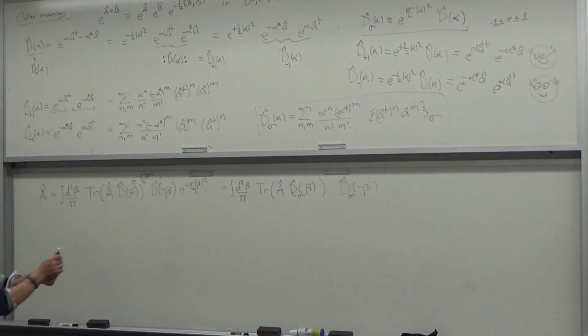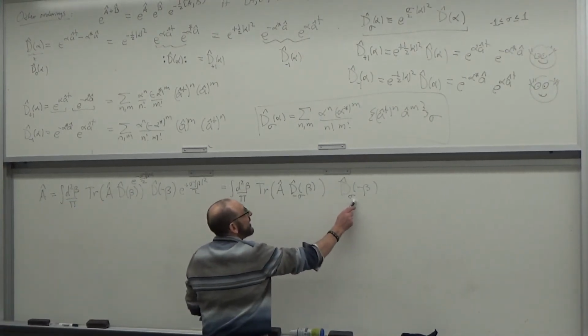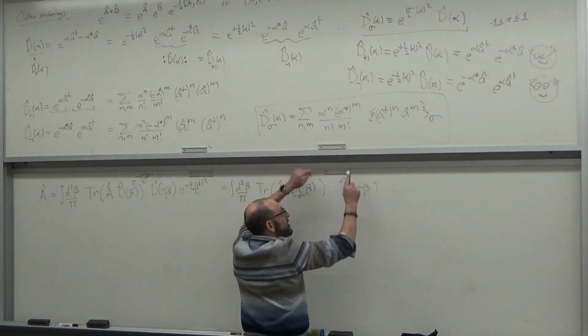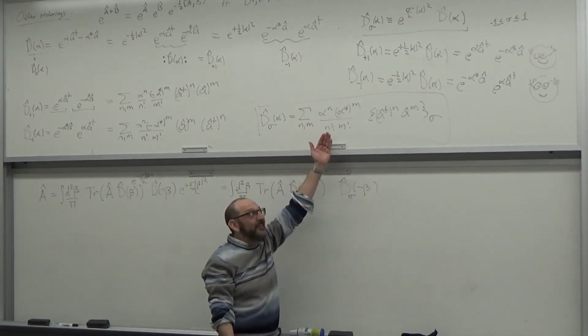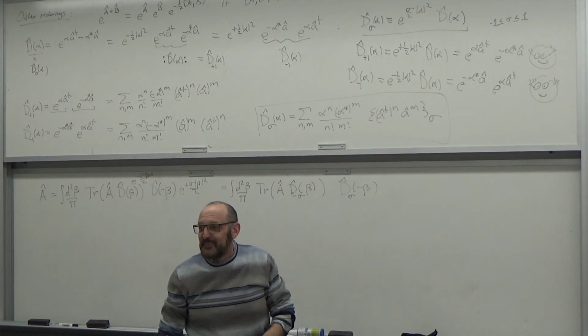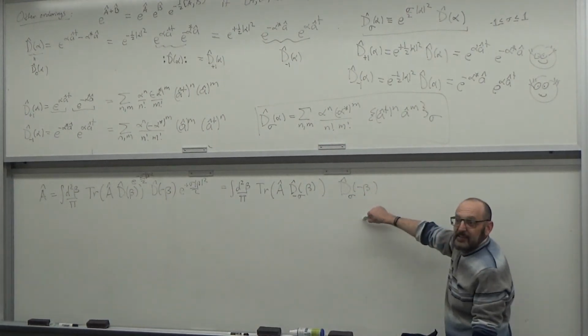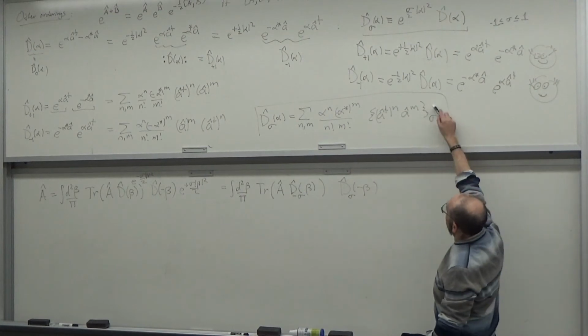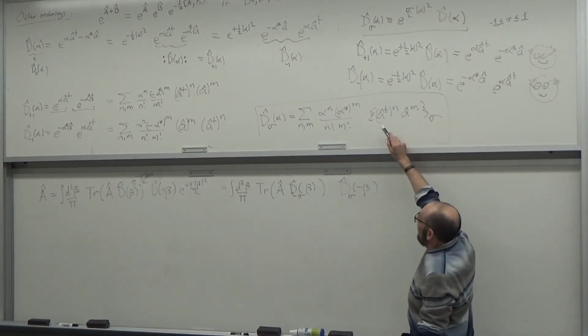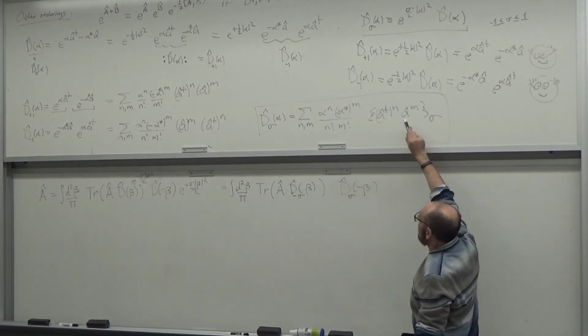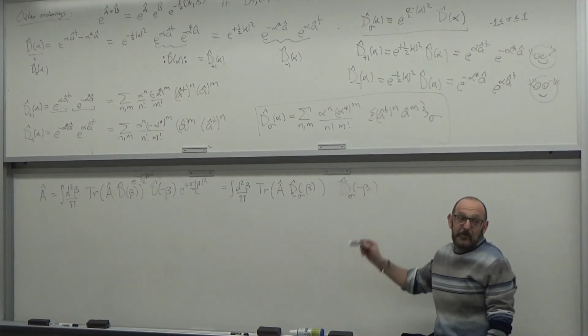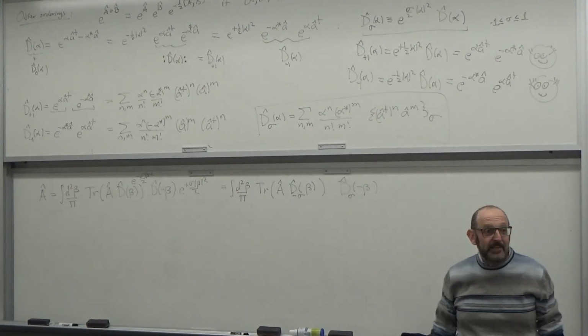Because now this, because I'm such a good professor, I had this right above. First time in history. And all we have to do, we plug that back in, and then we substitute A dagger is alpha star, and A is alpha. And we redo the sum, and we get the exponential again.